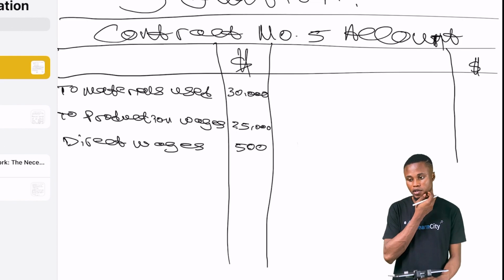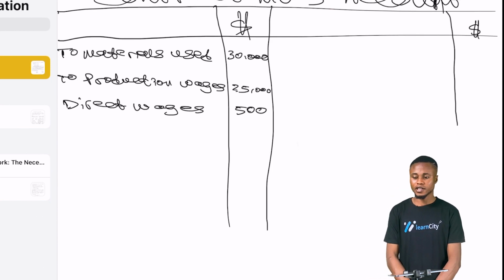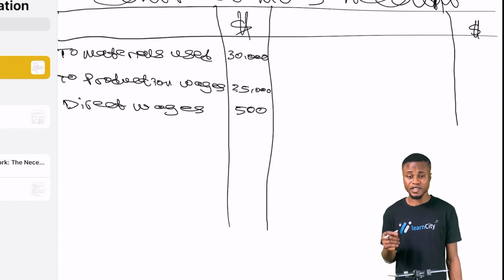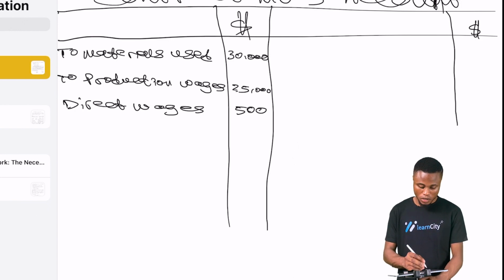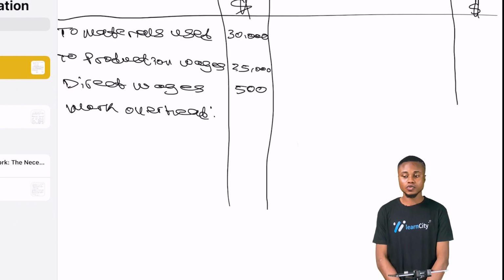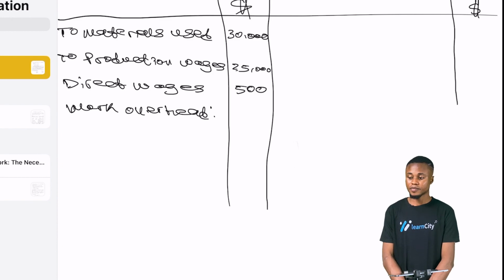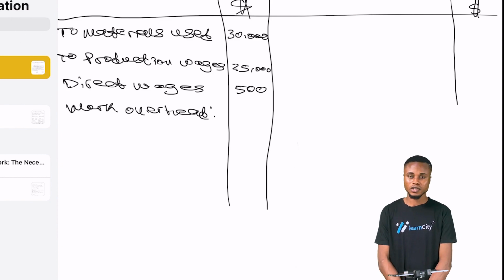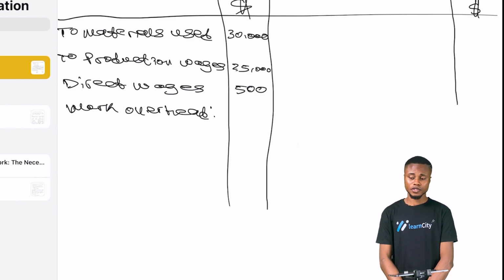$500. Okay. The next thing in that question is overhead, that is the works overhead. This works overhead has a simple adjustment that we just have to do on it. They give us additional information on it: 60% on production wages. So we are going to use it on our production wages.